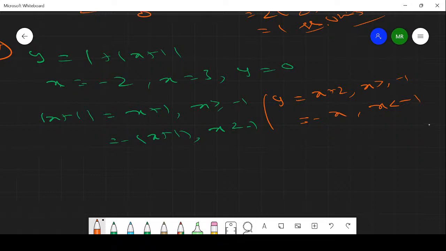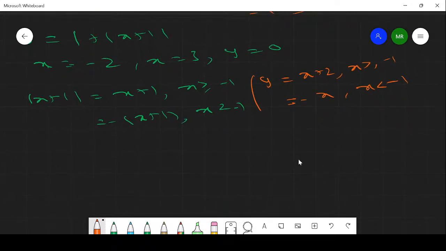If you get the idea, it is now easy to sketch the graph.